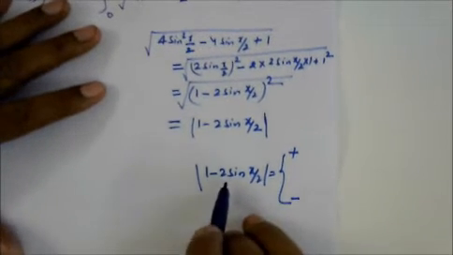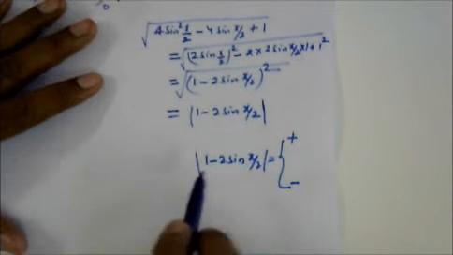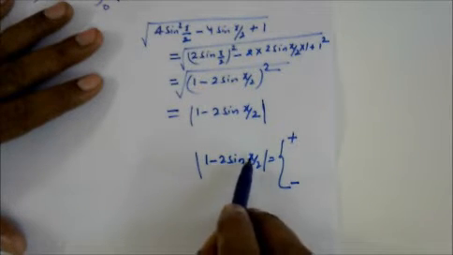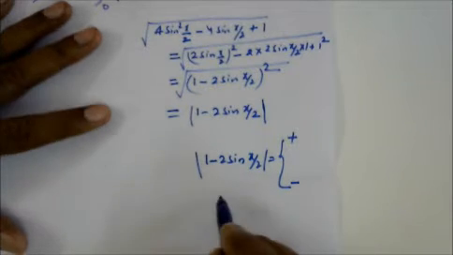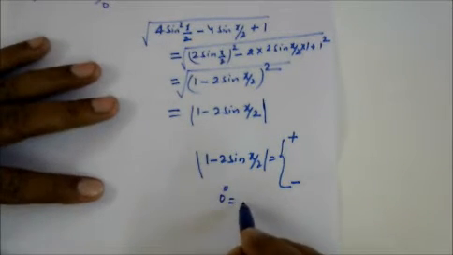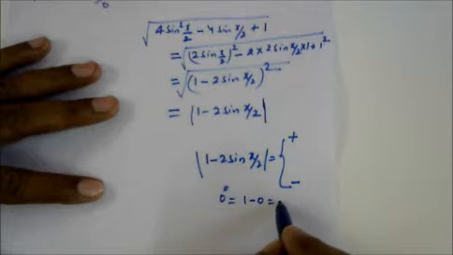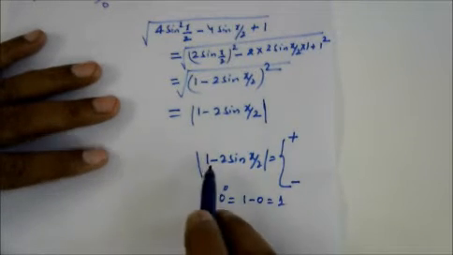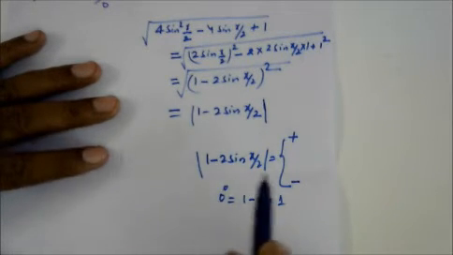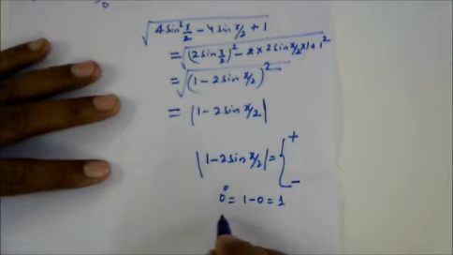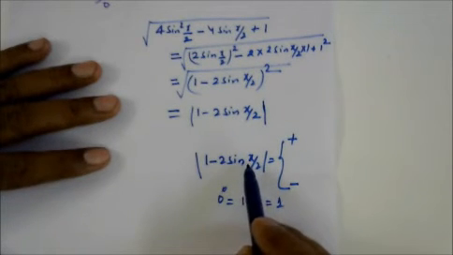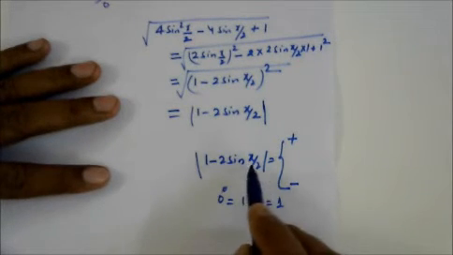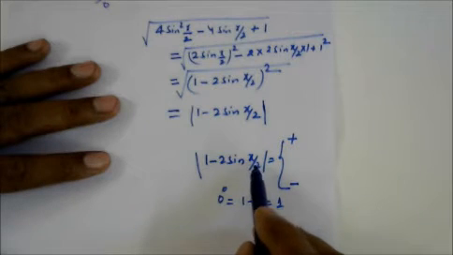So 1 minus 2 sin x by 2, if we put 0 degree, sin 0 is 0, so 1 minus 0 is 1, so it is a positive value. So 0 also will be included. Then if we put 30 degree, it becomes 15 degree. Sin 30 degree is 1 by 2, so it is 0.5.